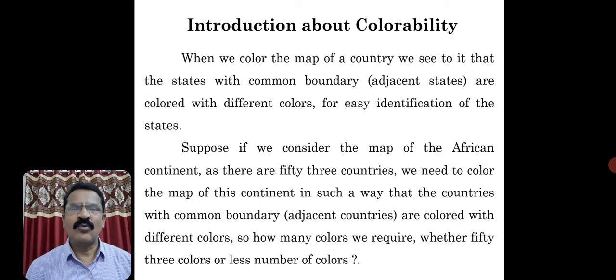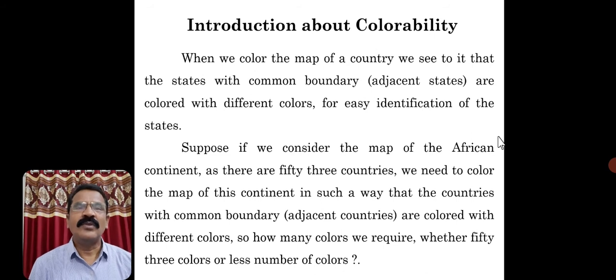As I have told right now, if we consider the African continent, there are 53 countries. We need to color the map of this continent in such a way that the countries with a common boundary, or adjacent countries, are colored with different colors. So how many colors do we require? Whether 53 colors? That is a question, isn't it? One gets such a question in the mind.